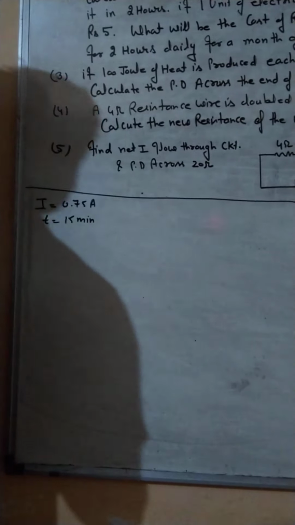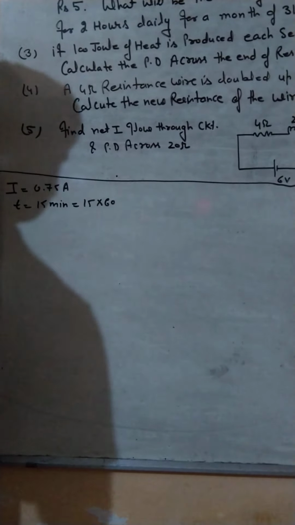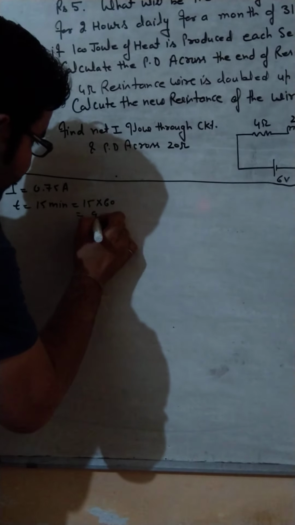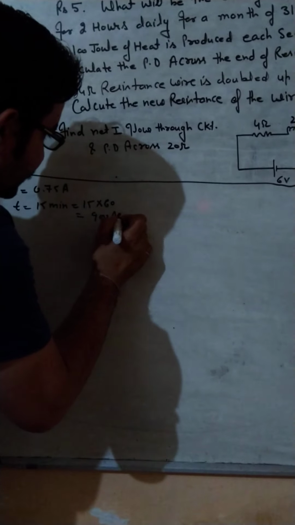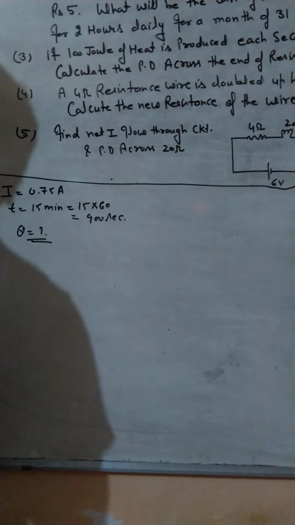First of all, we have to convert that minute into seconds. 15 into 1 minute into seconds, 60, everyone knows. Then we get 900 seconds. Second, calculate the amount of charge. You have to find Q through the circuit.